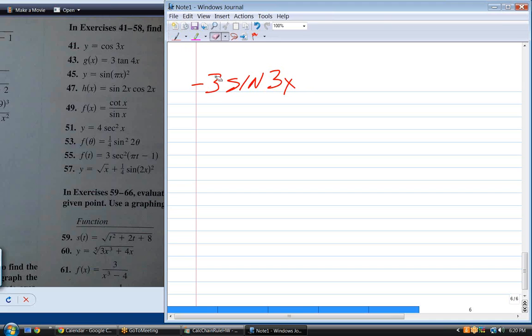Why? Because it's a little confusing if I were to write it like this, even if I put parentheses around that. Is that multiplying the 3x or is that multiplying the sine of 3x? Now, I can totally make it clear if I do that. And that's probably what I should do.